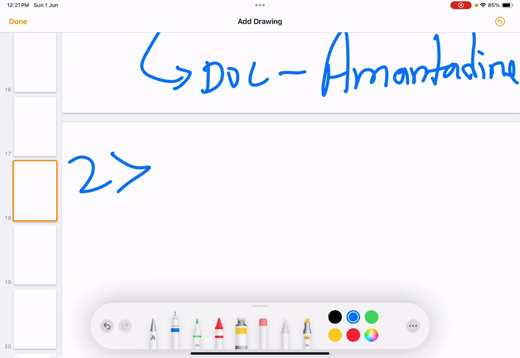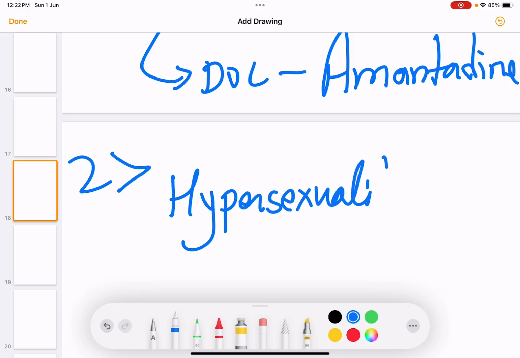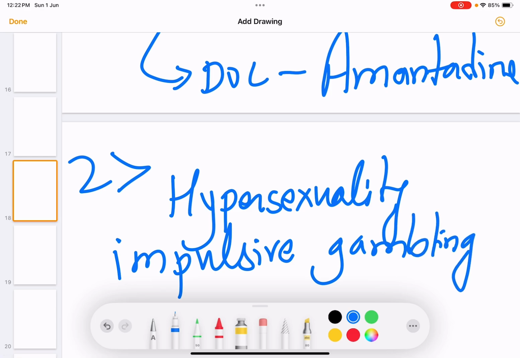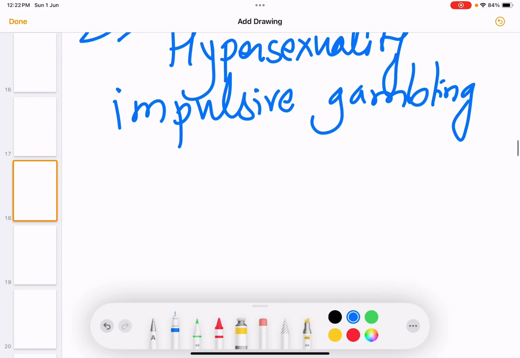Now levodopa can also produce impulse disorders such as hypersexuality, impulsive gambling. Then the third is levodopa produces a general alerting response and excitement.